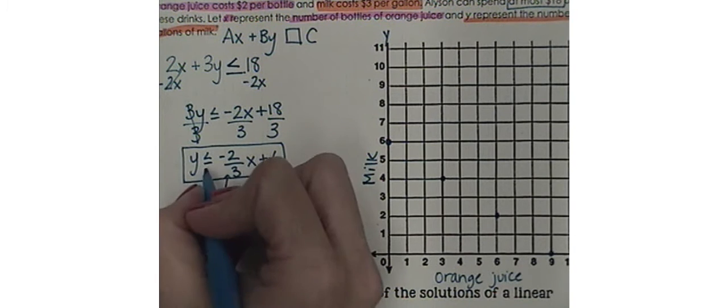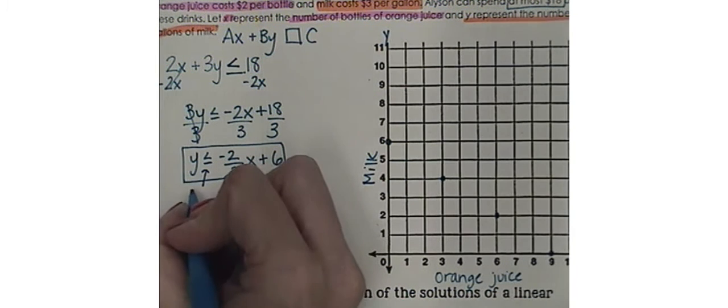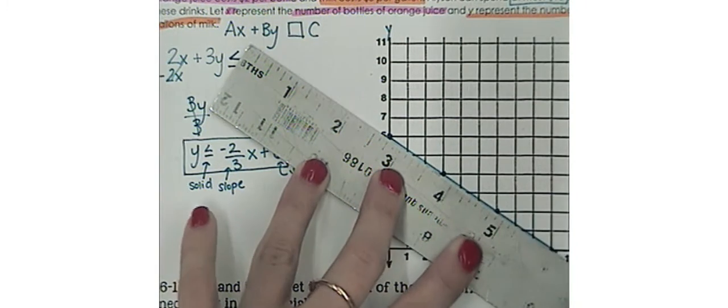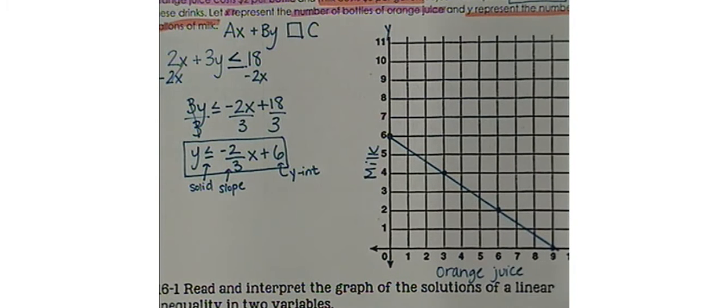And if I look at my sign here, I'm going to draw a solid line using my ruler to connect these points. Solid because I'm or equal to. And then, in order to figure out where to shade, we are going to plug in the easiest test point, which is 0, 0.